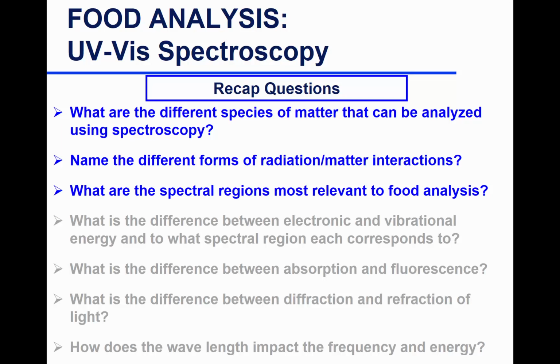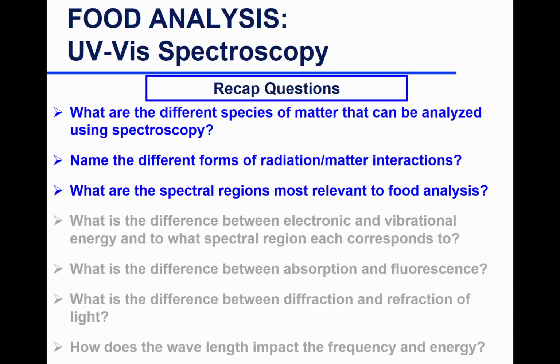An example of atoms is atomic absorption spectroscopy, where we determine the content of minerals in their atomic state, in the gaseous form. And molecules is like when we determine caffeine. It's a molecule. We determine the UV absorption of caffeine. So species are either atoms or molecules.